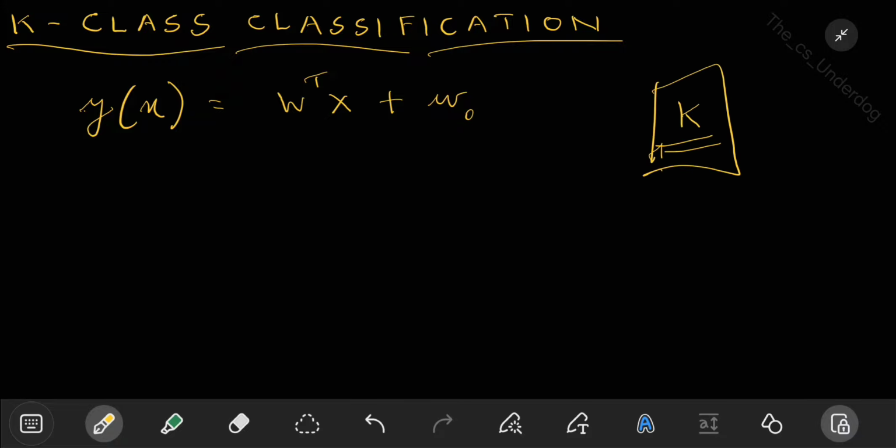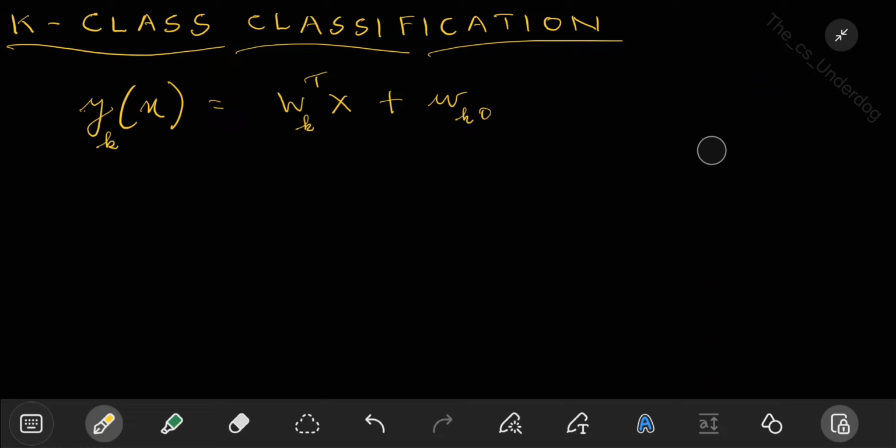That is the modification we'll do in order to do k-class classification. You will call them yk of x equal to wk transpose x plus wk0. Okay. This is how you will call them. So here, k can take any value from 1 to k. Okay. This is what the discriminant function will look like.